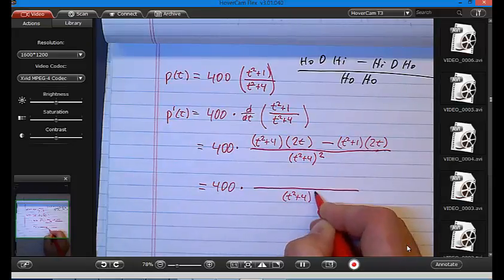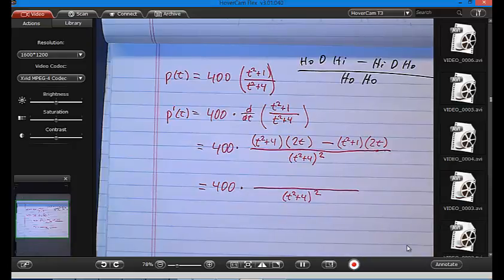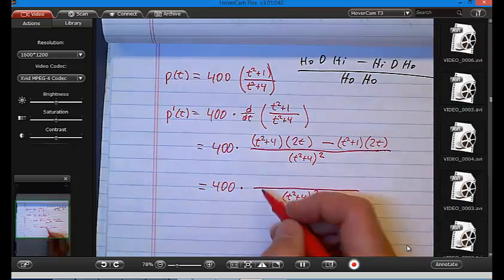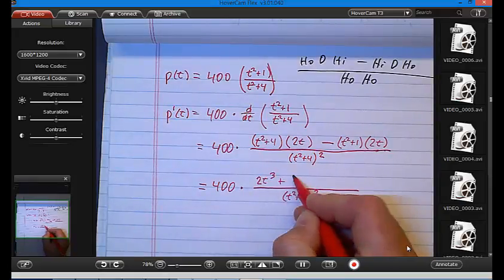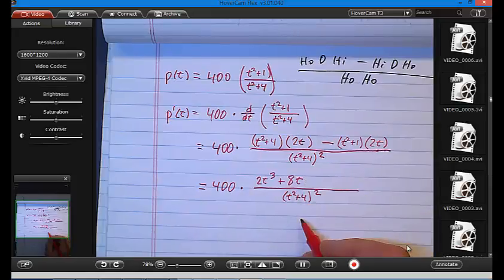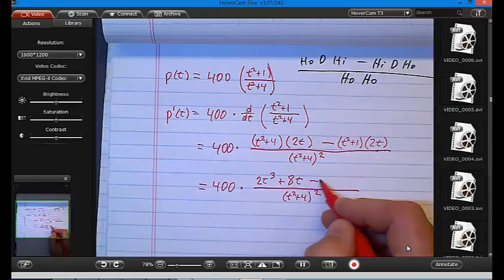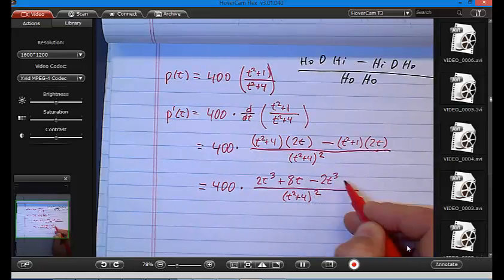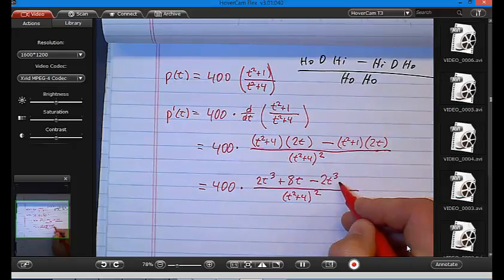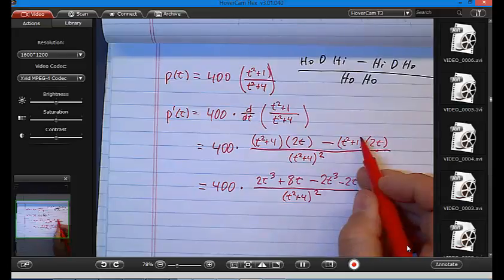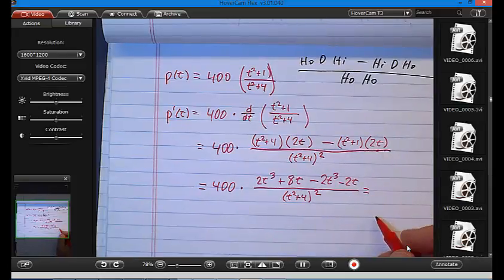And then I get what? Minus 2t, because we have to distribute the negative. And so I'm going to get 400 times, how about 6t, not 60, 6t over t squared plus 4 quantity squared. So that's what I'm getting for a derivative.